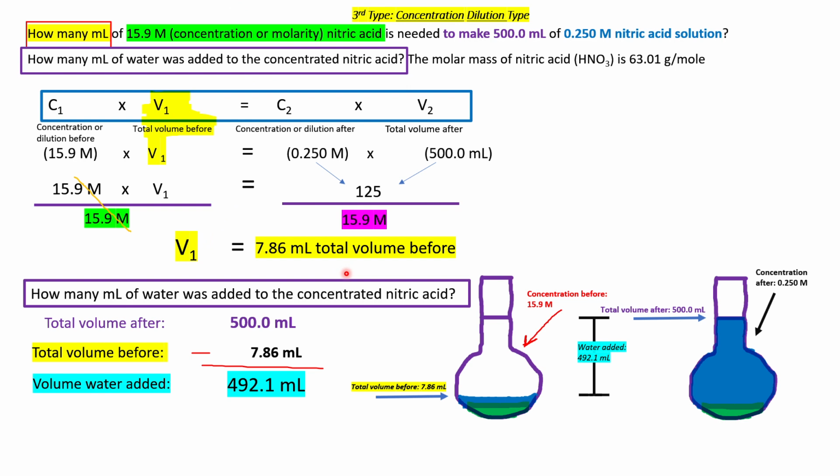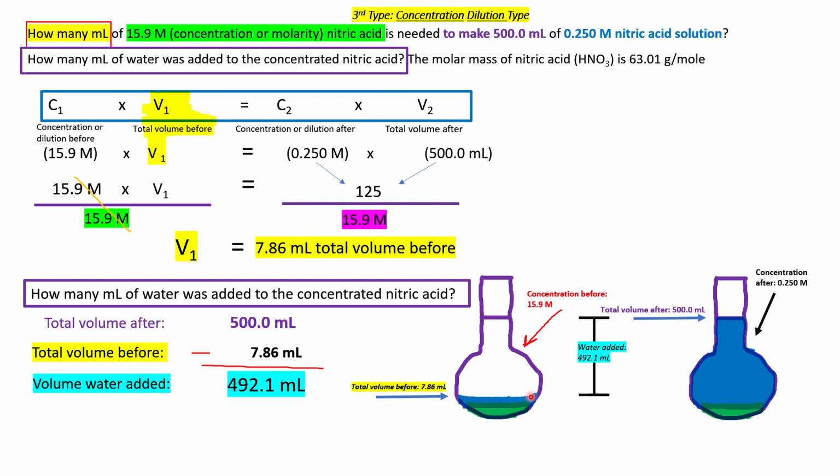Now the second question, how many milliliters of water was added to the concentrated nitric acid? Before we answer this question, notice what we have so far. We have a container where the total volume before is 7.86 milliliters. That's how much space is taken inside the container.